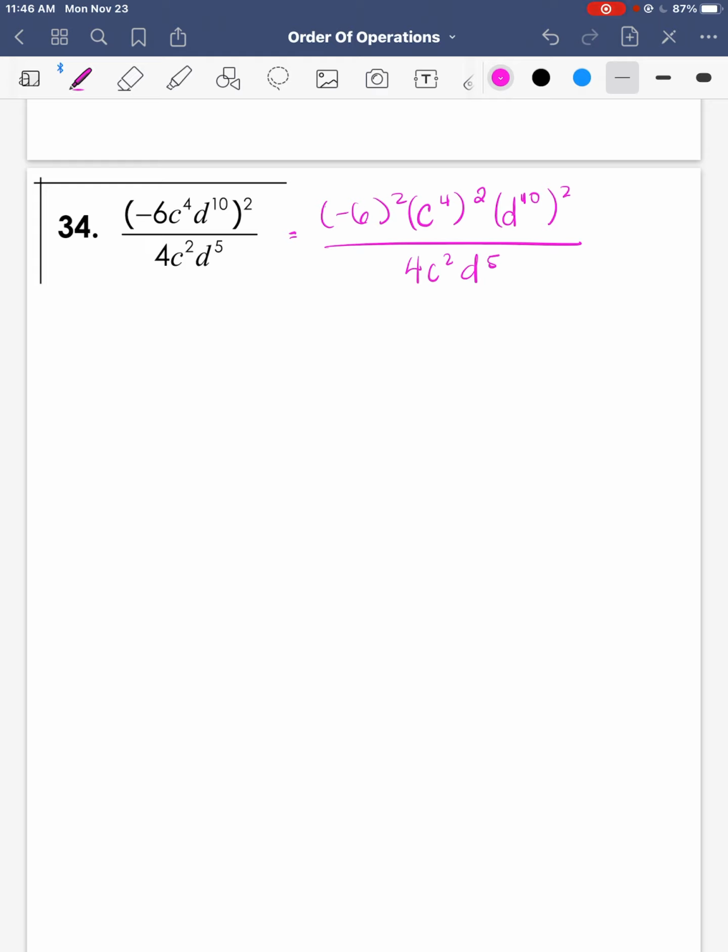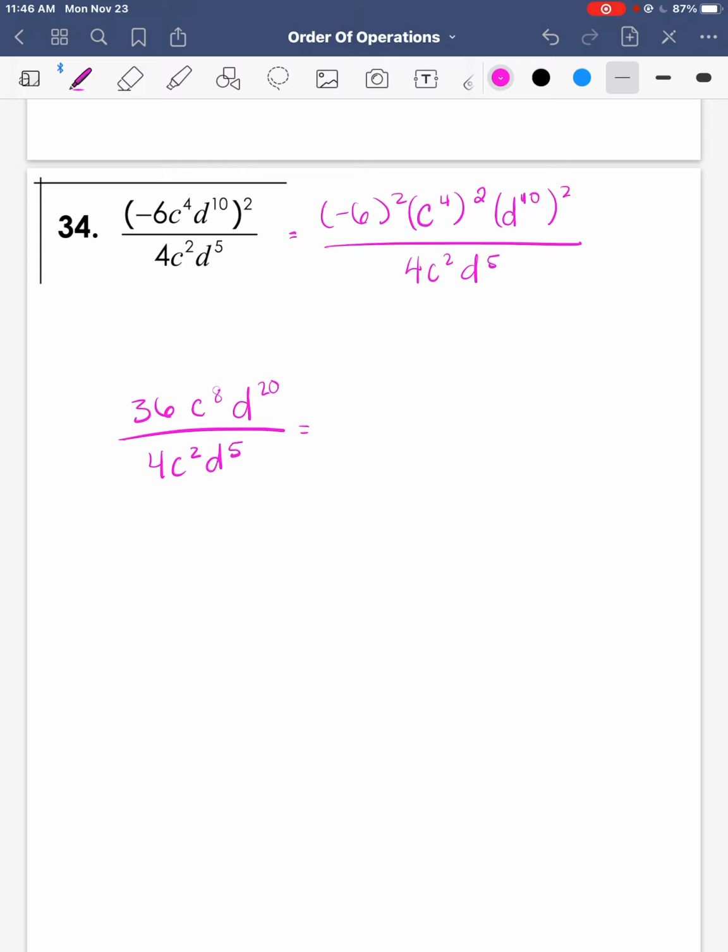So, negative 6 squared is 36. C to the 4th squared is c to the 8th. D to the 10th to the 2nd power is d to the 20th. Because 10 times 2 is 20. 4 times 2 is 8. And we're going to bring that all over our beautiful 4c squared d to the 5th.